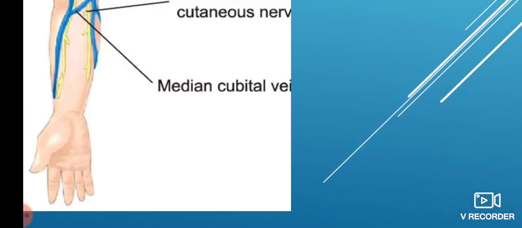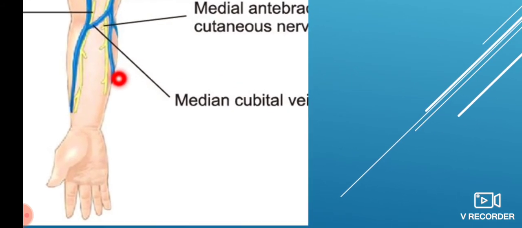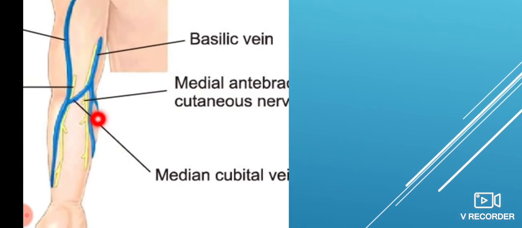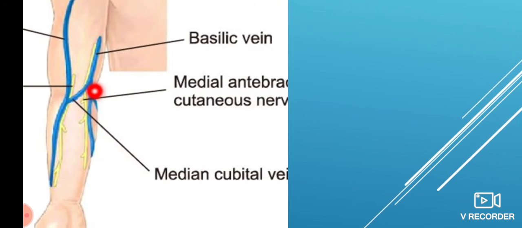Now, the basilic vein originates from the medial end of the dorsal venous arch. It passes along the medial side of the forearm first, then reaches the cubital fossa and crosses over the cubital fossa, then reaches the medial side of the arm. When it reaches the middle of the arm, it pierces the deep fascia, and thereafter we cannot see this vein from the anterior view.